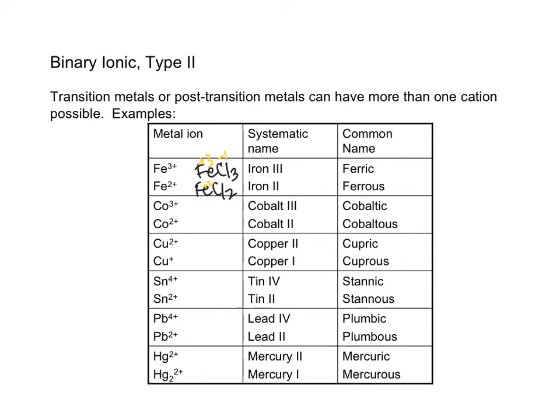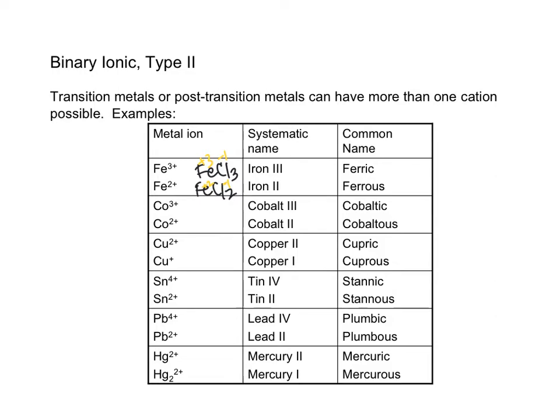This is going to be +2 and -1. So the crisscross rule would come up with those formulas. The systematic name is going to be iron with a Roman numeral 3 in this case. That's the charge on the iron, and then Roman numeral 2 because that's the charge right there.